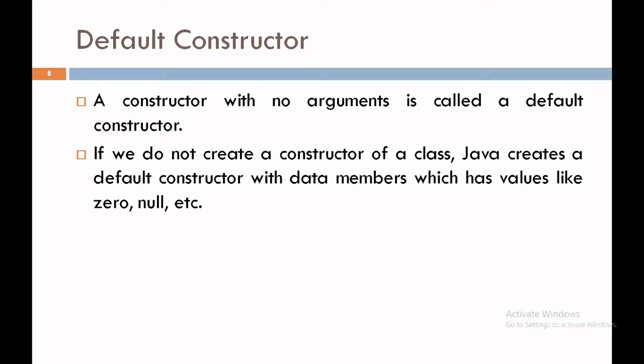In short, we can say that when we create a constructor without any parameter, then this constructor is known as a default constructor. And this default constructor may be created by Java itself, that means the system itself, or it may be created by the user. Let's see an example of the constructor.